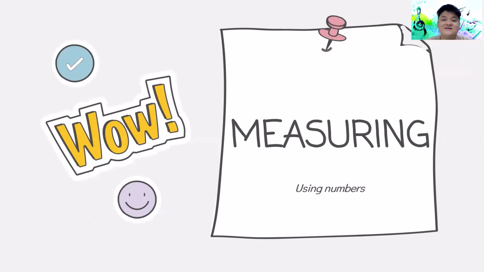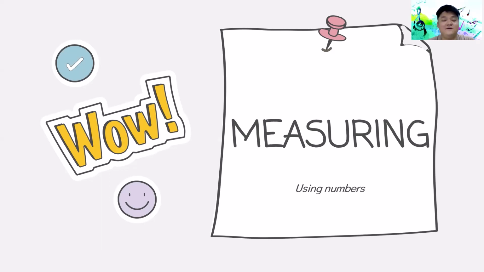All right? Okay, today a new unit or a new part which we are learning is measuring. Measuring. We are going to measure a few things, and we are also going to use numbers. As I say this now, we measure using numbers like 1, 2, 3, 4, 5.